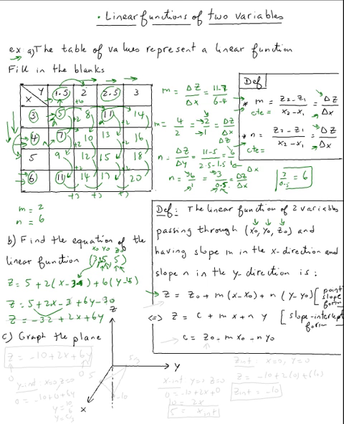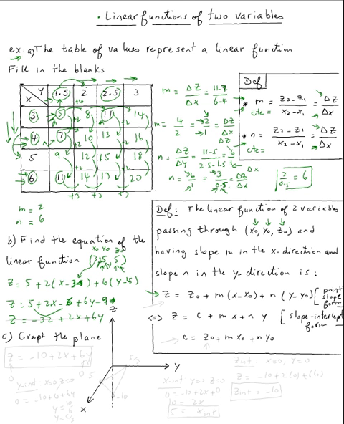So let's do it again. So 5 plus 2x minus 6, right? Plus 6y minus, what is the y value? Minus 9. 6 times 1.5 is 9.